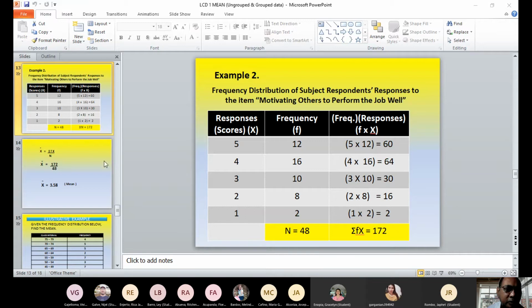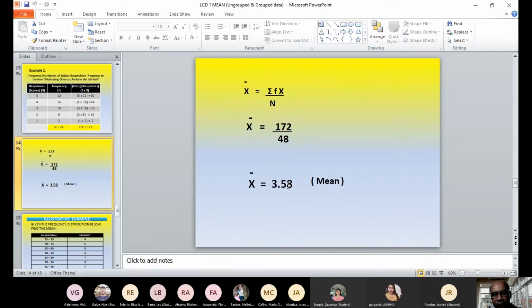Now, if we go back to our result for the mean, the result is 3.58. What is the interpretation?